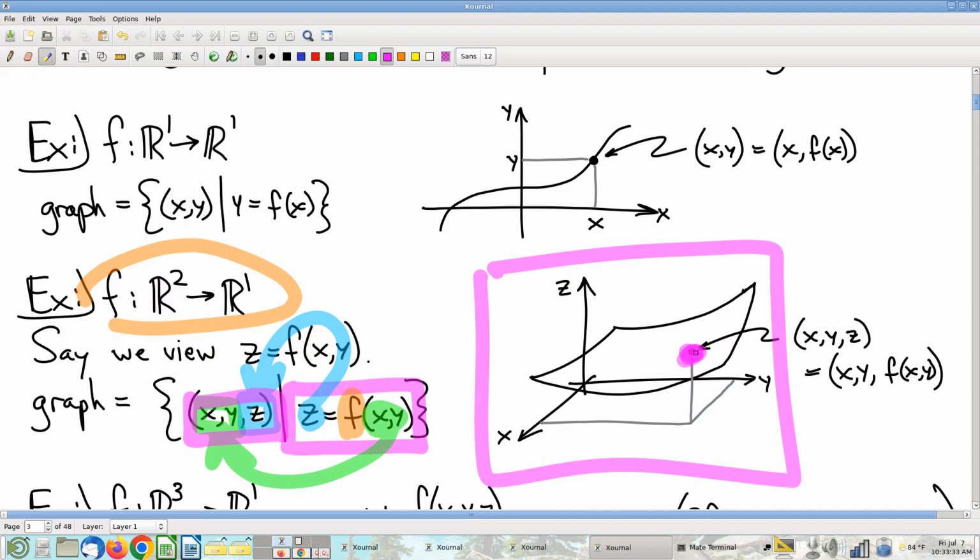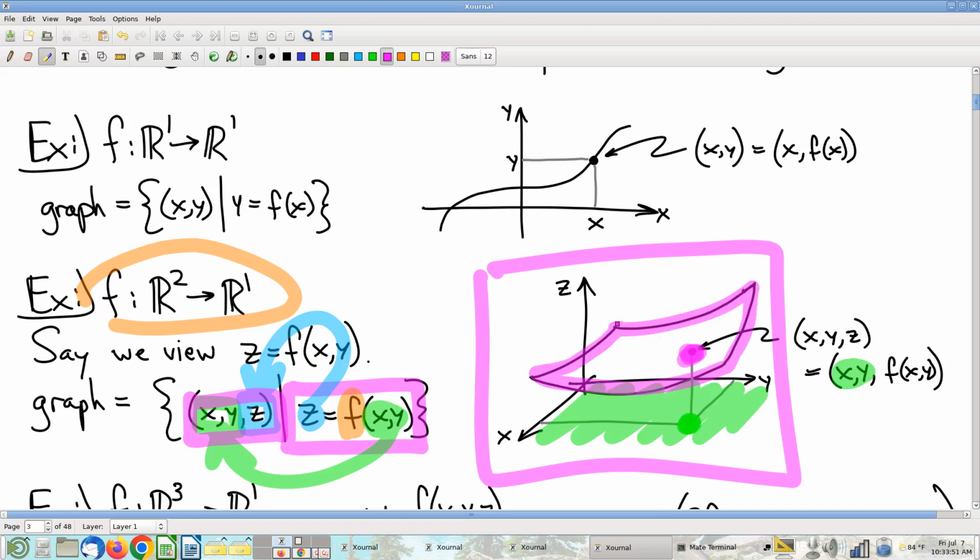And now notice that's the point that comes out of this point down here in the domain. And if you do that for every point in the domain, then you'll get a bunch of points up here on the graph.